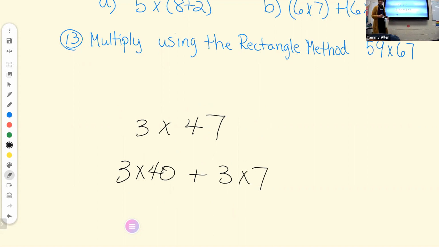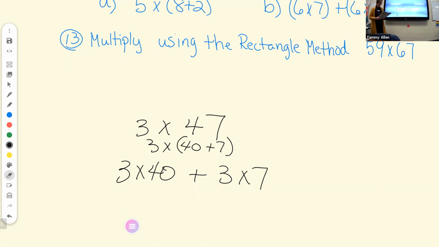It got separated, made into 40 plus 7, right? So what property was used? The distributive property. Okay. All right.